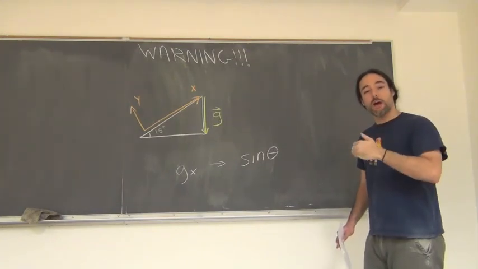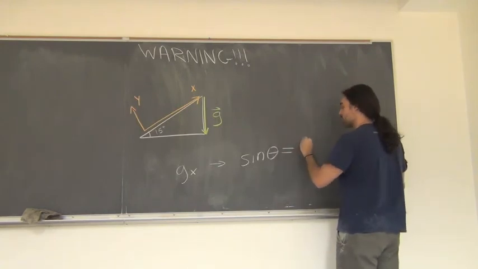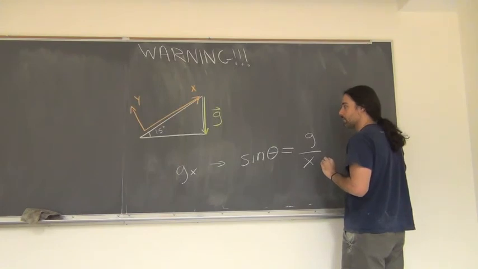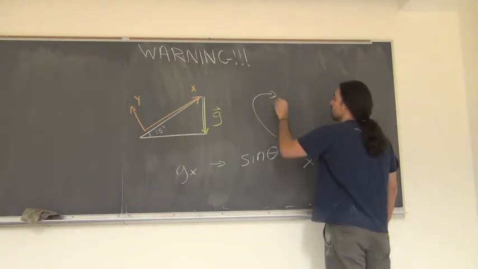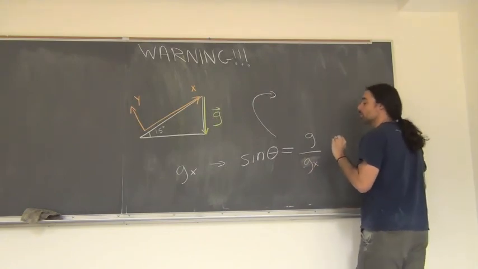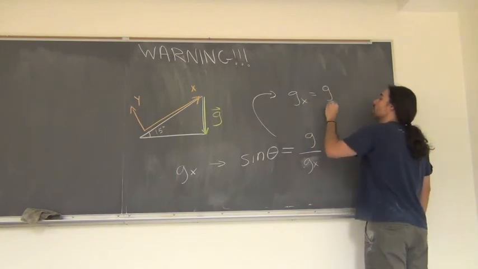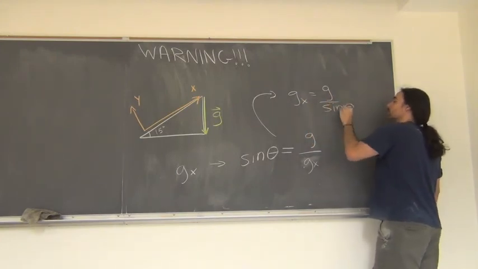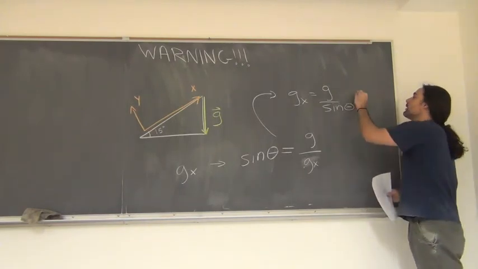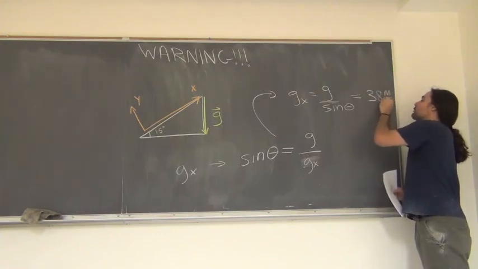Sine is the opposite over the hypotenuse, which would predict that G over Gx equals the sine of theta, which would mean that if I solved for Gx, I would get Gx is G over the sine of theta. And if I were to plug in numbers here, you would get that Gx would be about 38 meters per second squared.